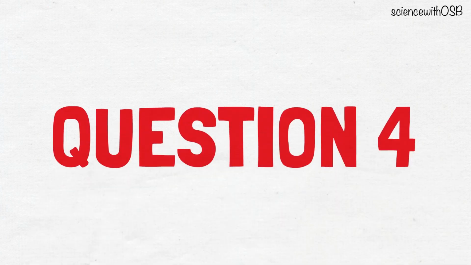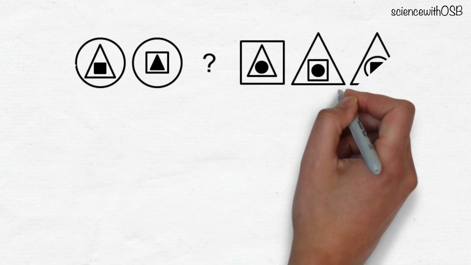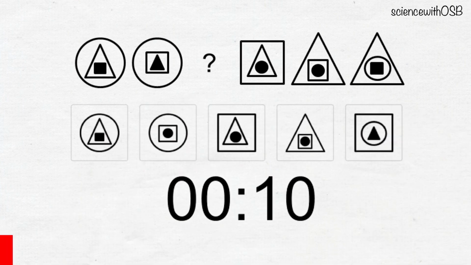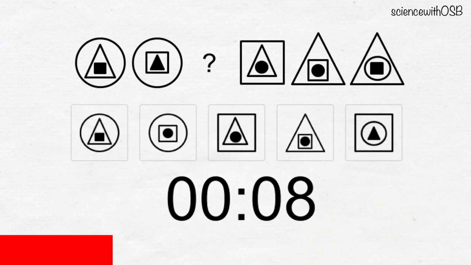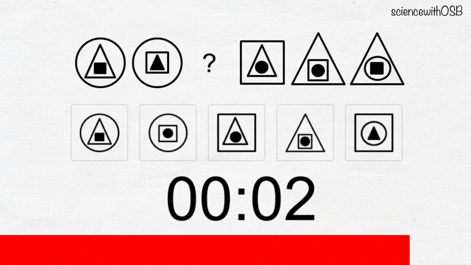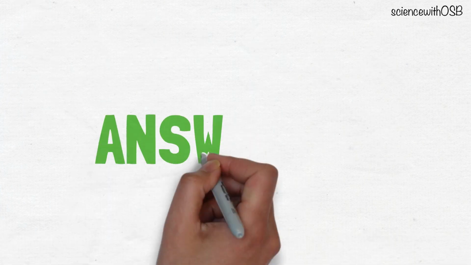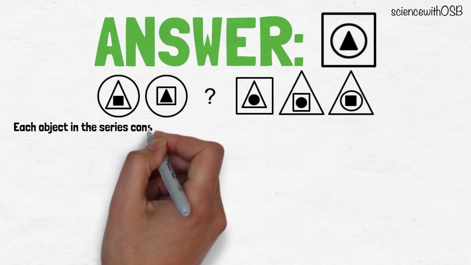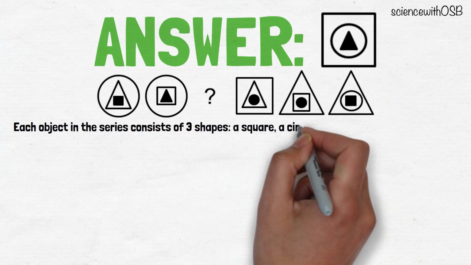Question number 4. Choose the image that completes the pattern. The correct answer is 5. Each object in the series consists of 3 shapes, a square, a circle, and a triangle.